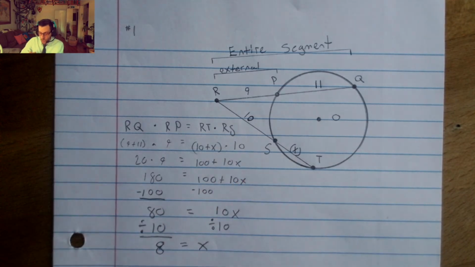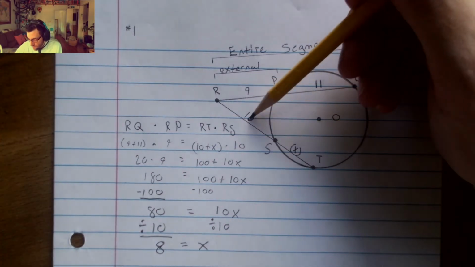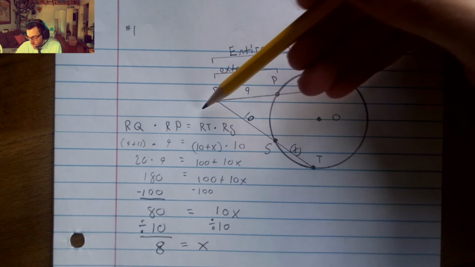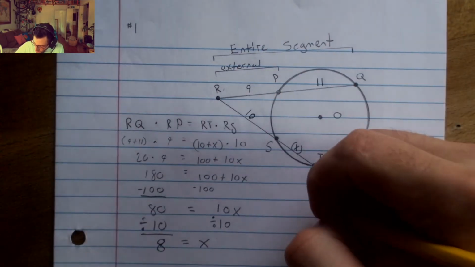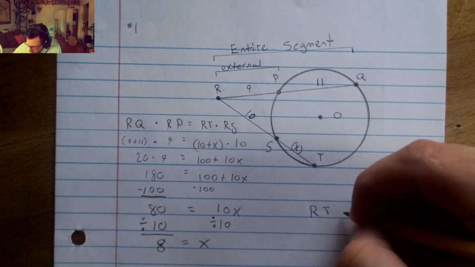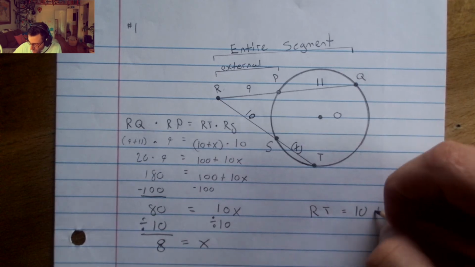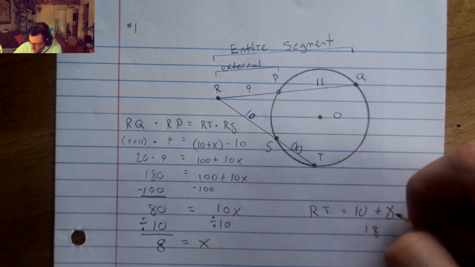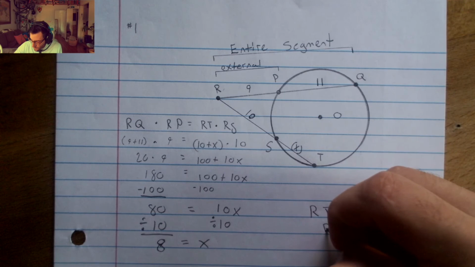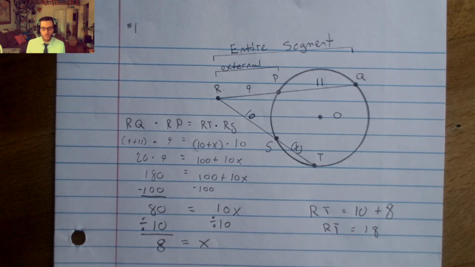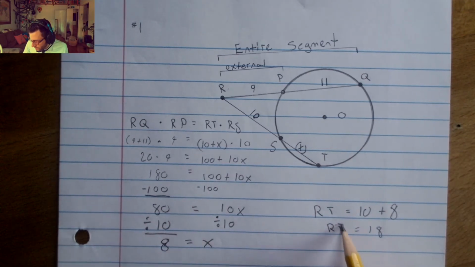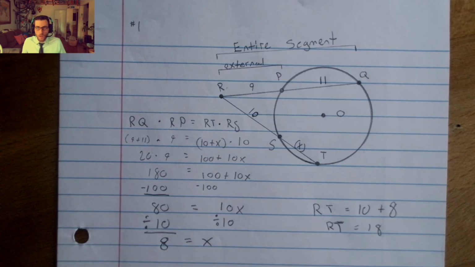So in this particular example, we're just solving for the value of x, but theoretically you might have a question along the lines of solve for the length of RT, which therefore you'd have to go in and say 10 plus 8 gives us RT, or 18, for instance, would be equivalent to RT. So little things here and there, little modifications like we've seen throughout all these different types of examples.